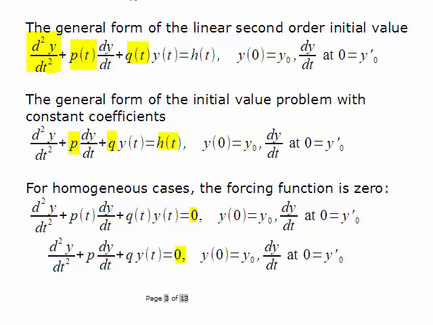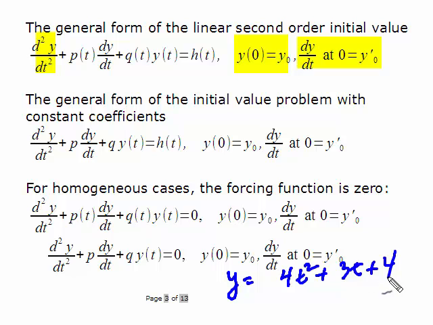Something else to note: in these initial value problems there are two initial values. That's because this is a second order equation. And why do you need two? Well, if you think about it, if you took a derivative of a function, say you have some function, when you take the first derivative, you lose one piece of information.